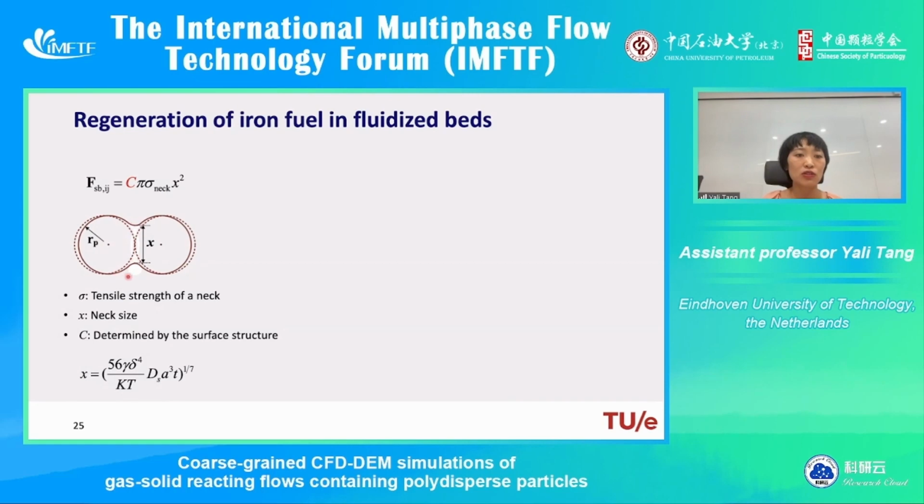The tensile strength of the neck is actually a material property, so we can obtain it easily. It also scales with the neck size, which is this X. This neck size depends on many parameters, mainly temperature, particle size, and also the contacting time.